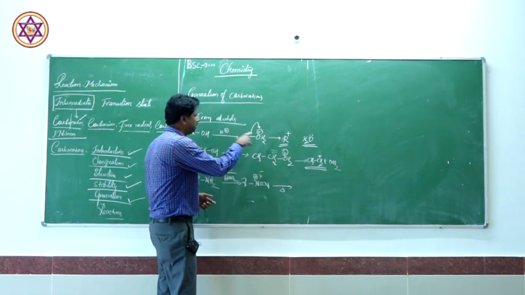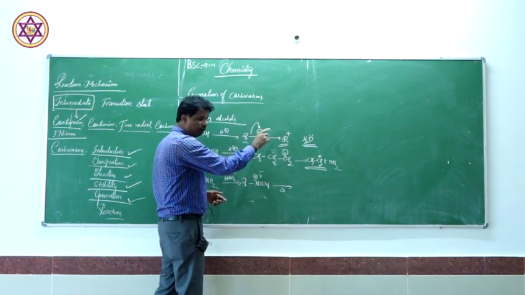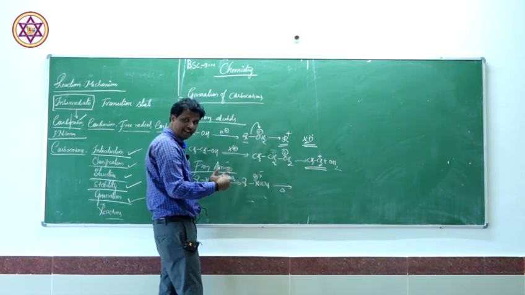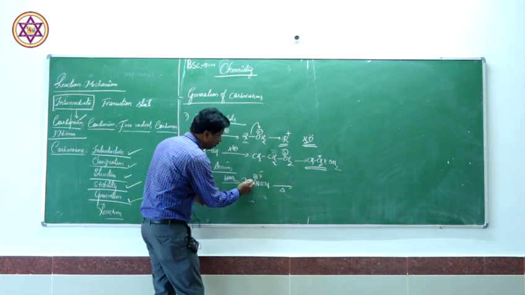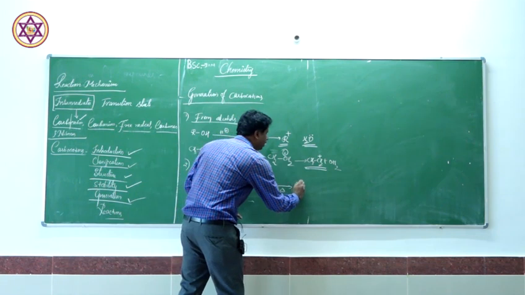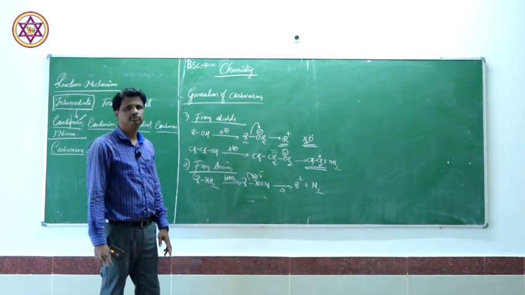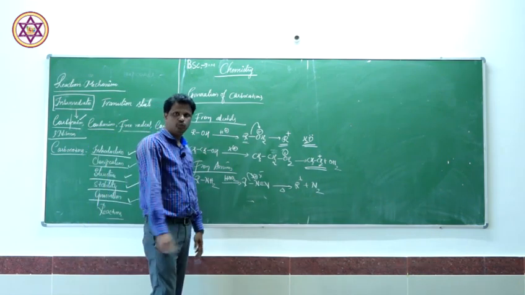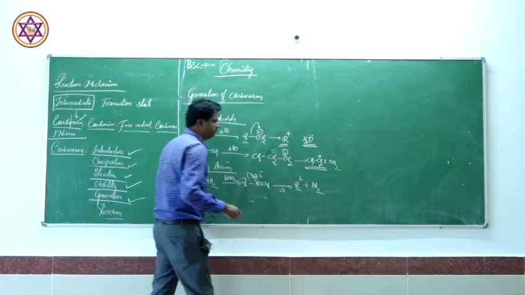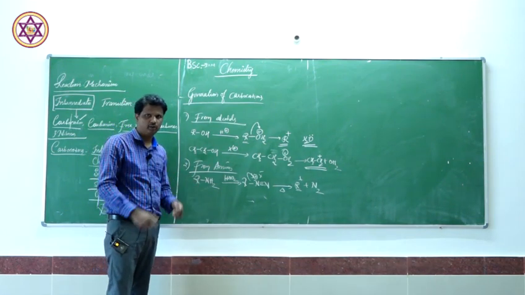Once again, the same concept. Since there is a positive charge on the nitrogen atom, it takes up the electrons. This electron pair will be shifted here, leaving behind R with a positive charge. So you can write R plus and N2. Okay, that's how things work. This is a carbocation. You can replace this R by any alkyl or aryl group.